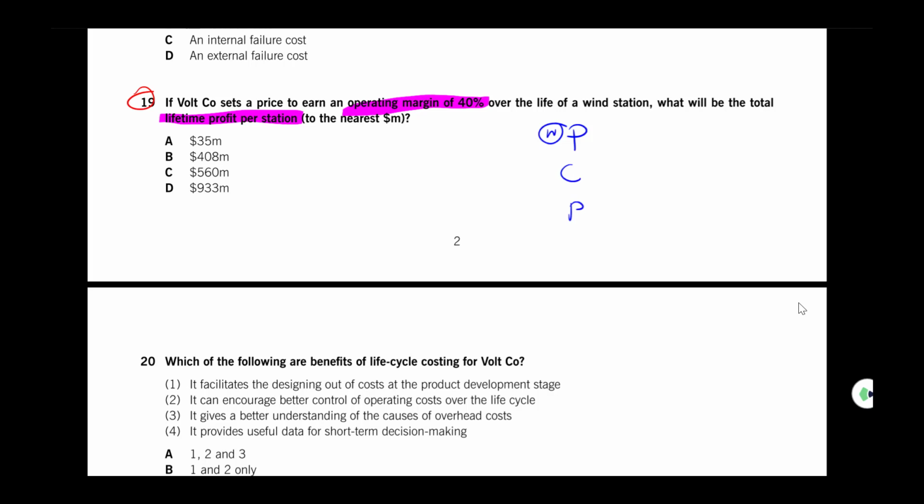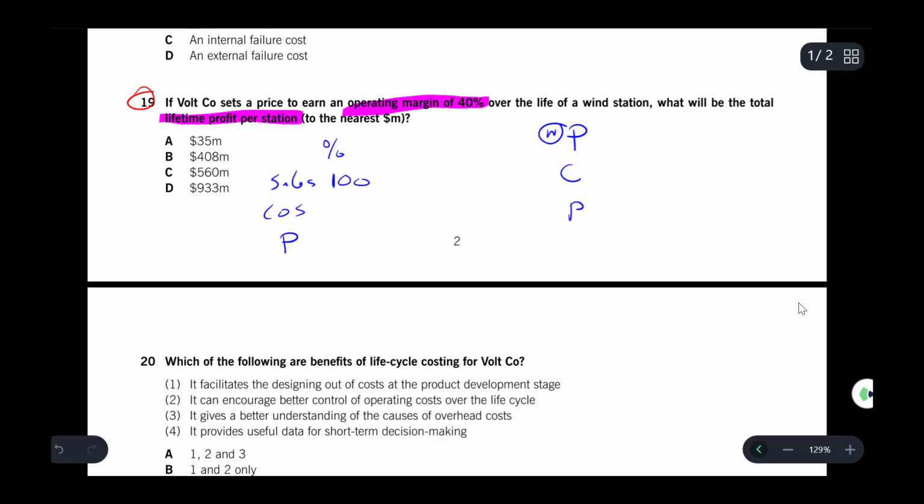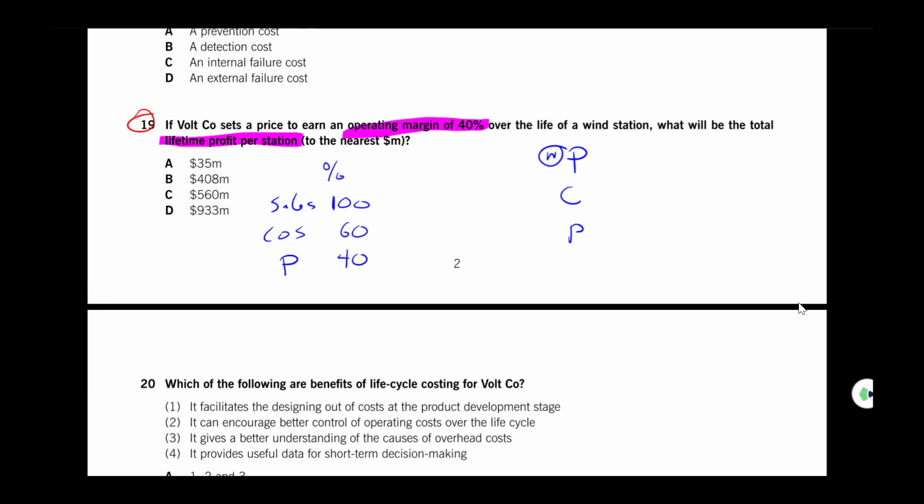So I'm going to use this approach. We'll do it in percentage terms first, and we get sales, and then cost of sales, and then some profit. In percentage terms, we put 100% at sales, when we're looking at margin. And if the profit margin is 40% of the sales, the cost is going to be 60%. So they tell us that the cost per gigawatt, guys, is 40,000.